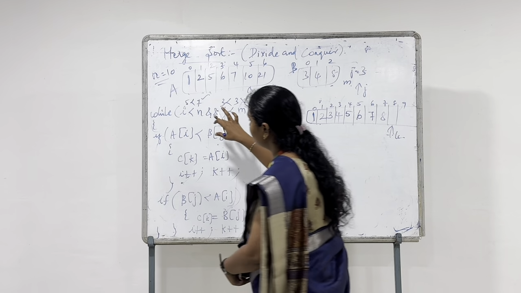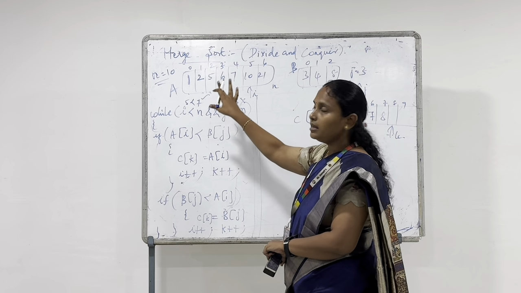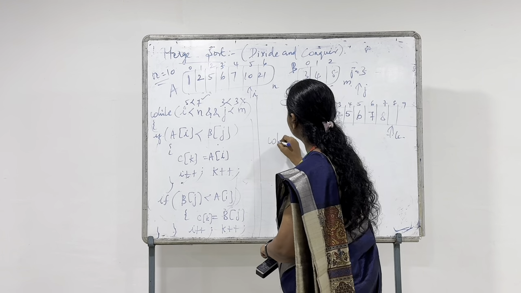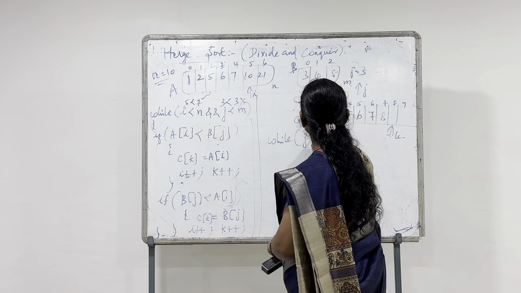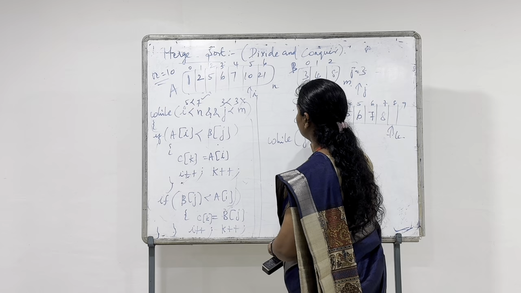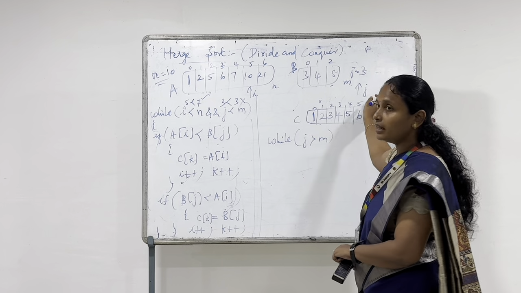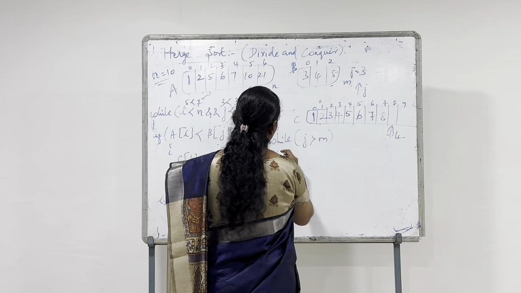Okay. This is one code. If I is less than the array length and J is less than the array length. For example, if J is greater than M, what happens if J is greater than M? We need to move all the remaining elements of A array to C array. Right.